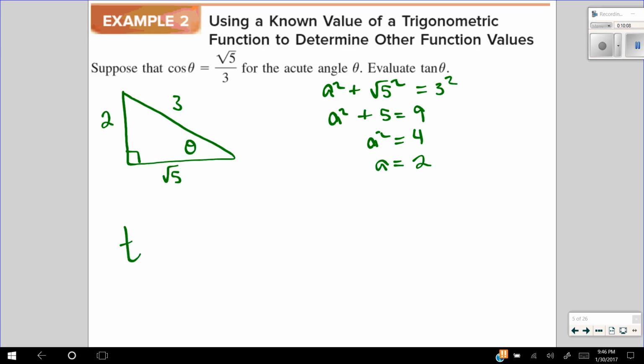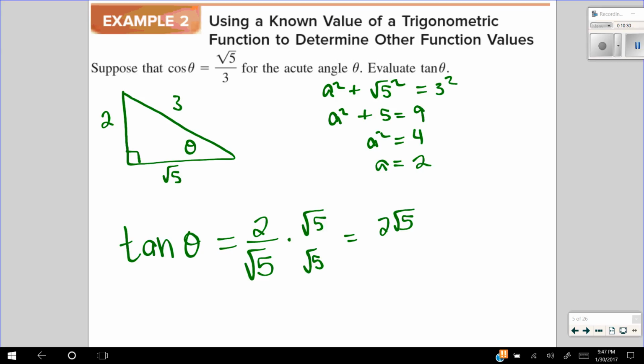So tangent of theta is going to be the opposite, 2 over the adjacent root 5. Okay? Now again, I'm fine with you leaving it that way, but just know that your book is going to rationalize this by multiplying by the square root of 5 over the square root of 5, which will give us 2 root 5 over 5. Okay?